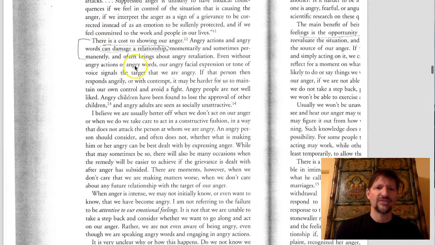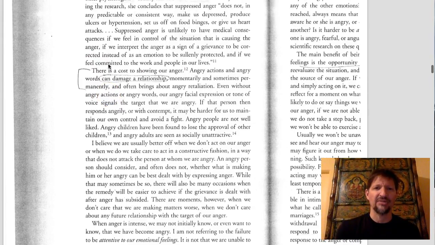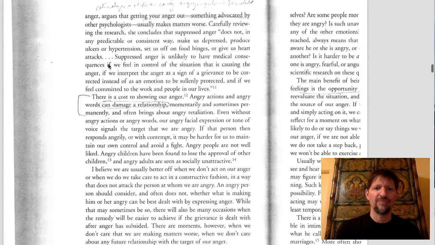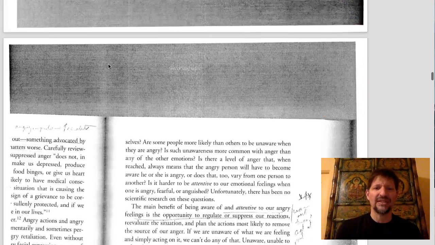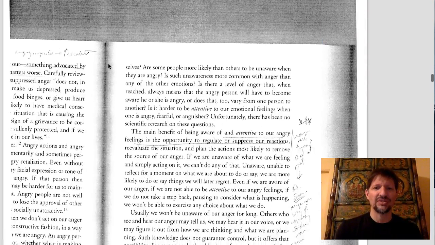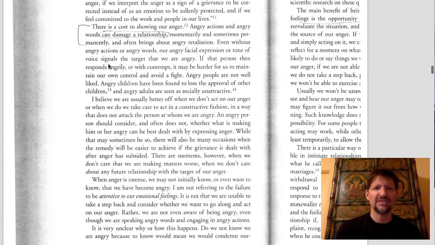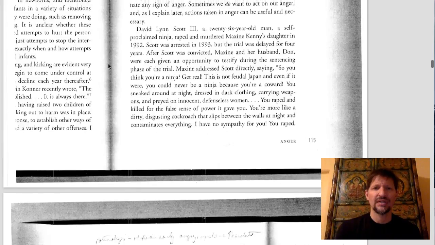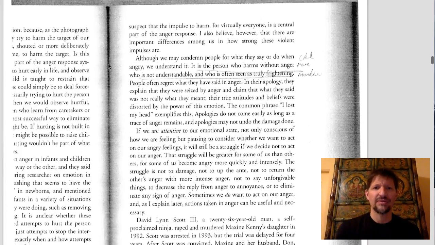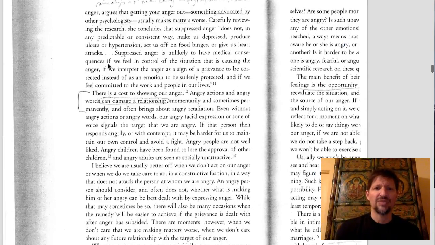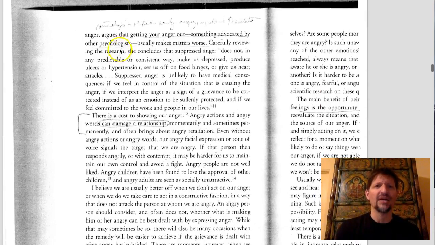Well, and here it says there's a cost to showing our anger. Angry actions and angry words can damage a relationship. What's interesting is, according to Ekman, the research shows that getting our anger out, something advocated by some psychologists, usually makes matters worse.